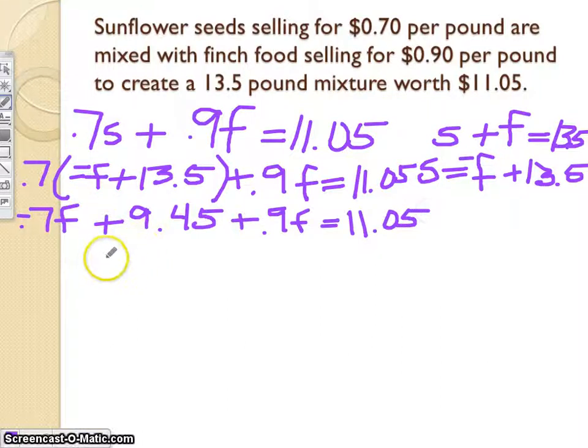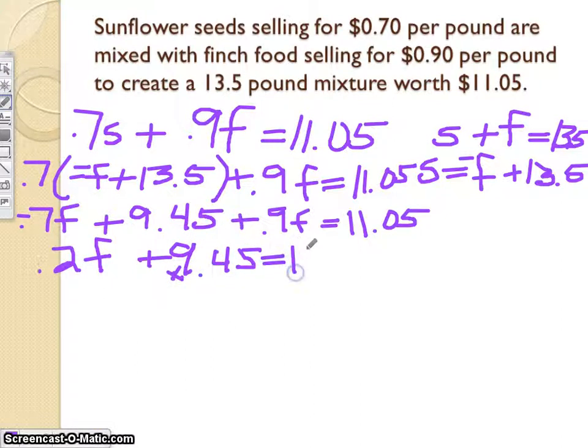All right, we can combine our F's. We have 0.9F and negative 0.7F, which gives us a total of 0.2F plus 9.45, got a little premature with my decimal there, equals 11.05.